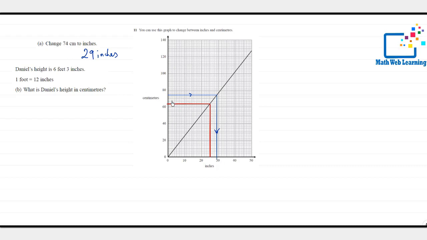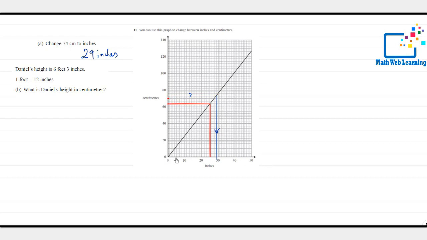So you need to find the scale. It's very important. That is 70 there. So it goes up in 2s: 72, 74. You need to get that right.